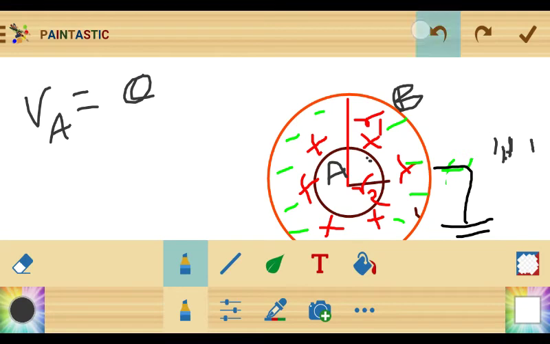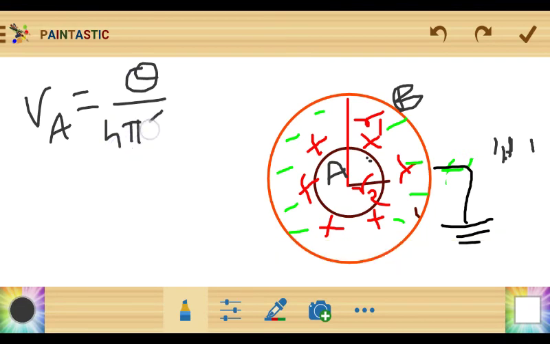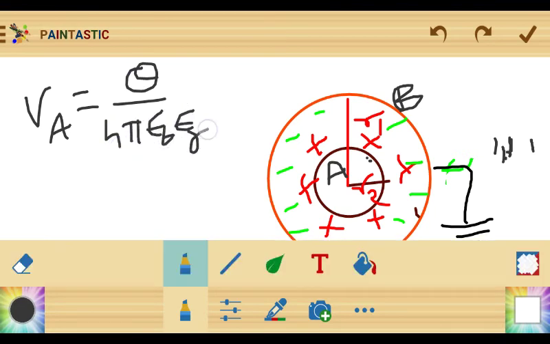or I'll rub it just for more simplicity. The potential due to the sphere simply says Q upon 4 pi epsilon 0 epsilon R2. Plus one more term, because around the plus charge there is also negative charge, you can see in the inner part.